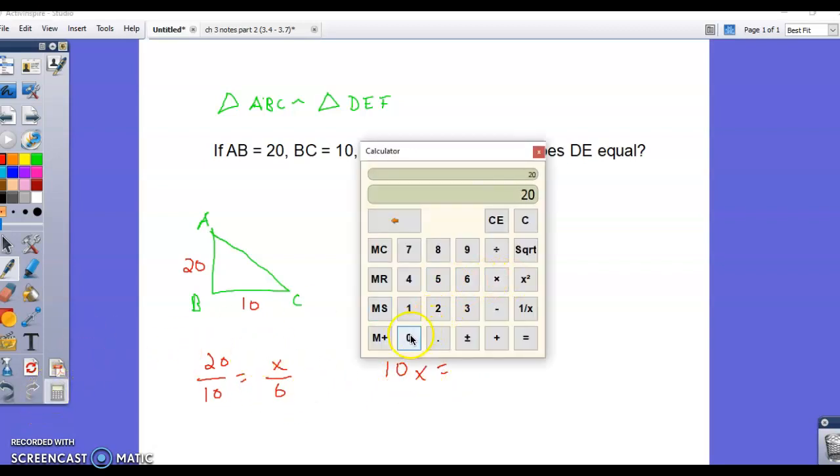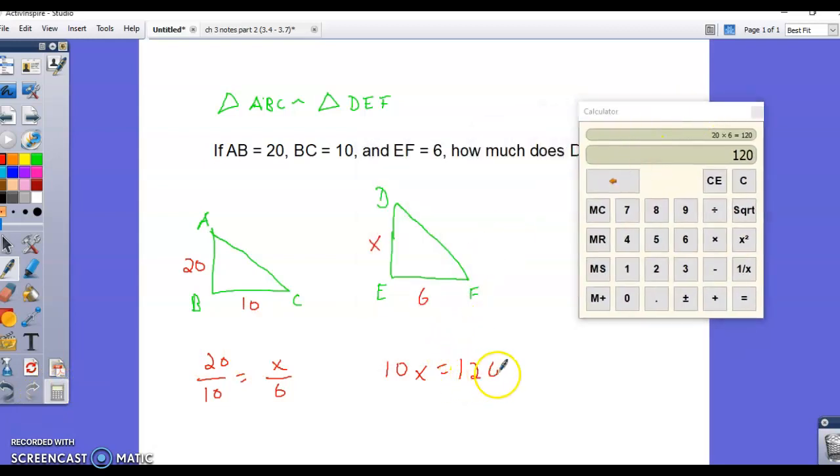We'll break out our calculator for that. That equals 120. Divide by 10. X equals 12. And that's how you would figure out your unknown for a problem that is worded like that. So again, it's just setting up your correct ratios and proportions and then being able to cross multiply.